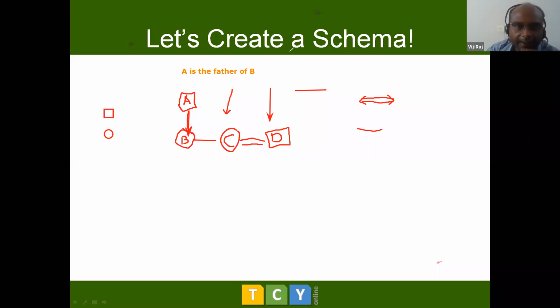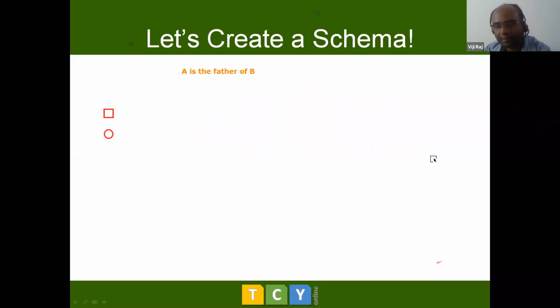So let us recap. The first thing that I said is, when we want to denote a person A who is a male, we will denote A with a box, right?